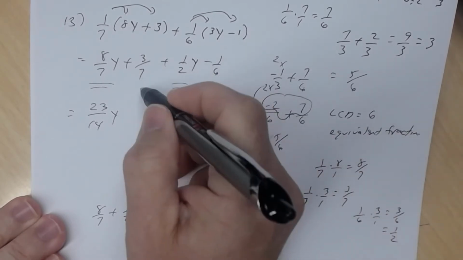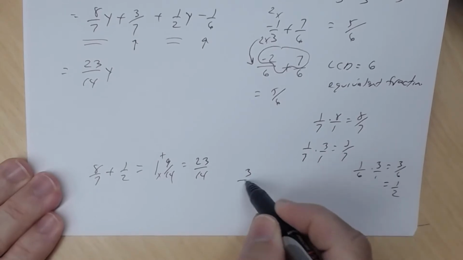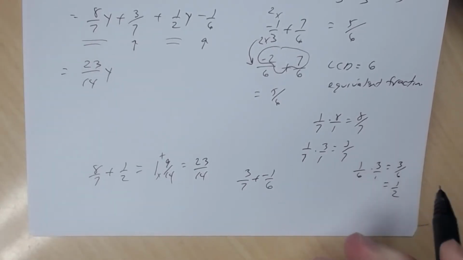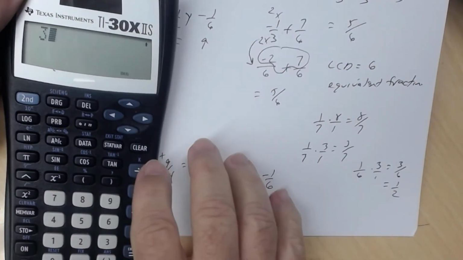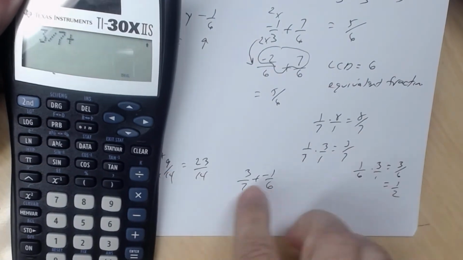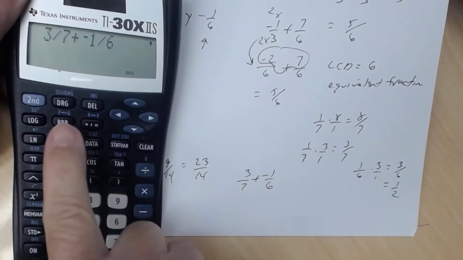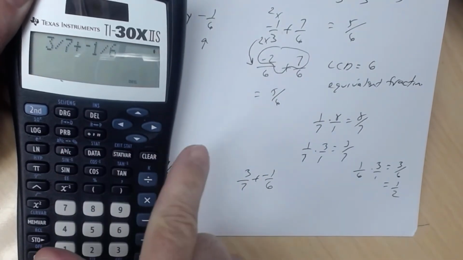Okay, now let's look at the constants. You have 3/7 and a -1/6. So 3/7 plus a -1/6. Use your calculator, see what we get. So you're going to say 3 divided by 7 plus a -1 divided by 6. Or you could have just said 3/7 minus 1 over 6.